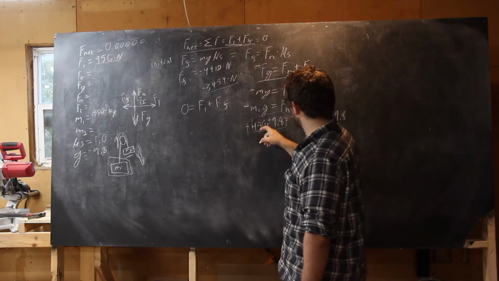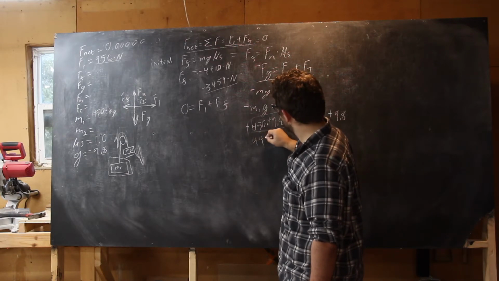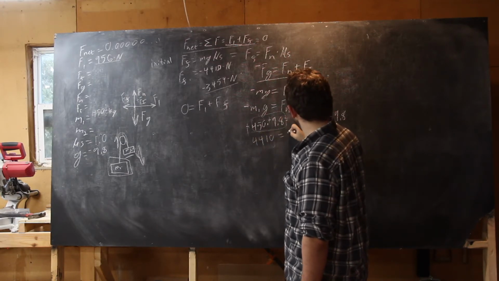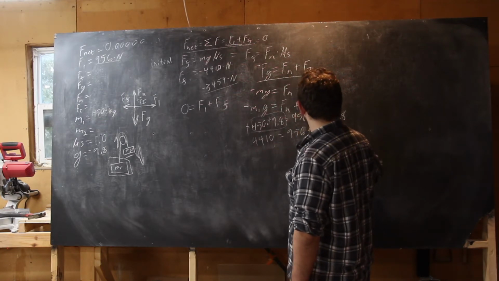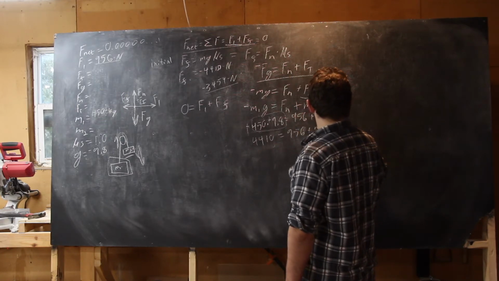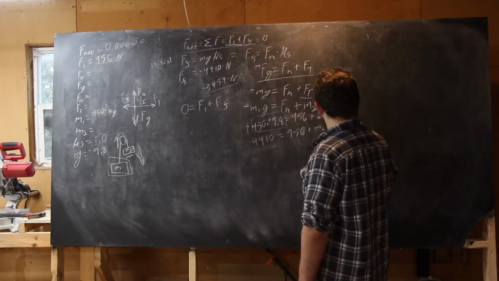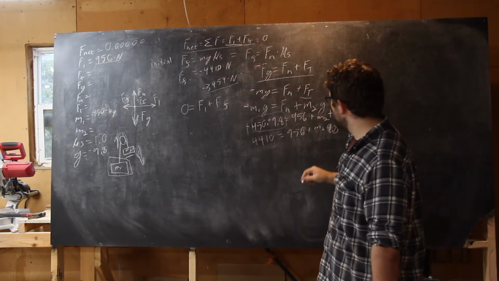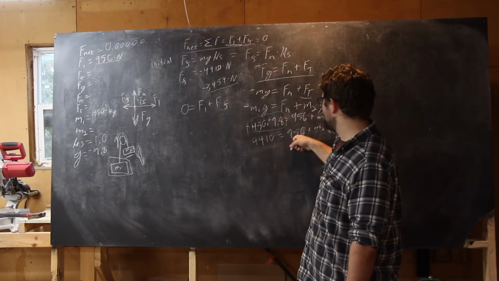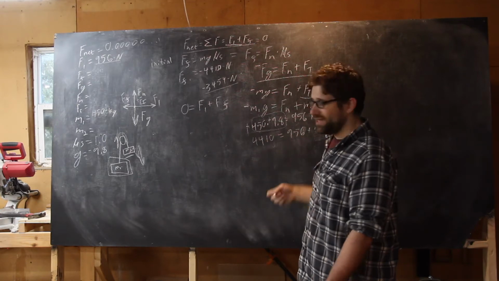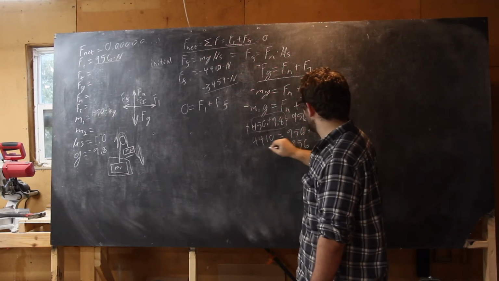So 450 times 9.8 is going to give me 4410 equals 956 plus m2 times 9.8. Okay, so then, first thing I need to do is, if I try to divide by 9.8, I've got to divide both of these by 9.8. So the easiest thing to do is going to be subtract 956 from both sides.